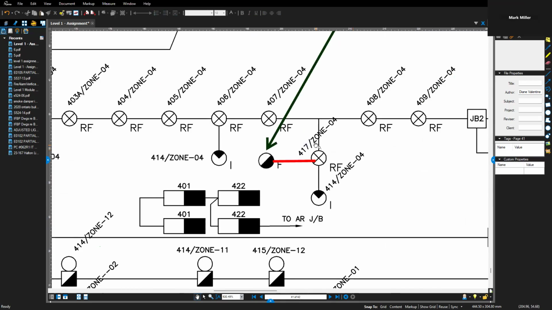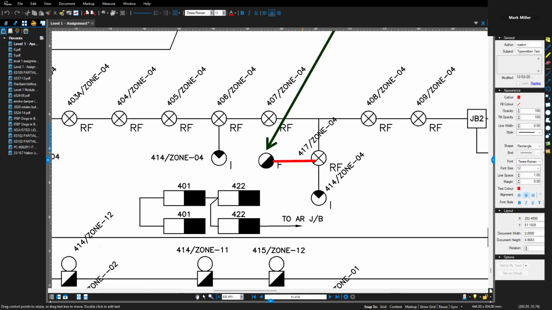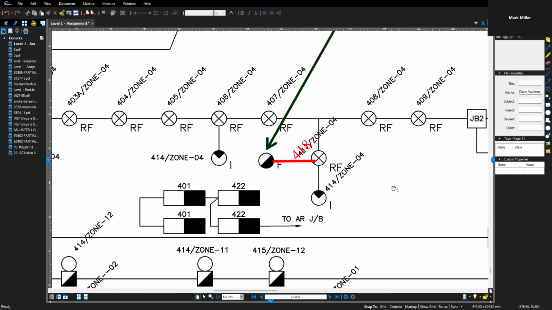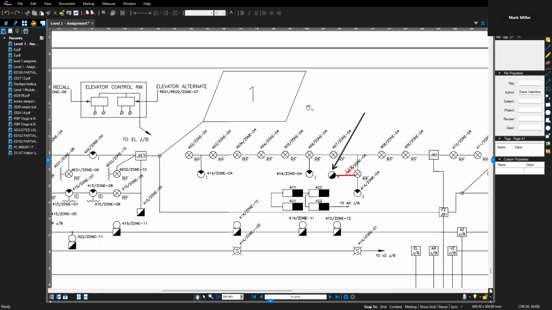Okay, so this should say 418 here. That's a typo on the drawing. There we go. 418. Fixed it.